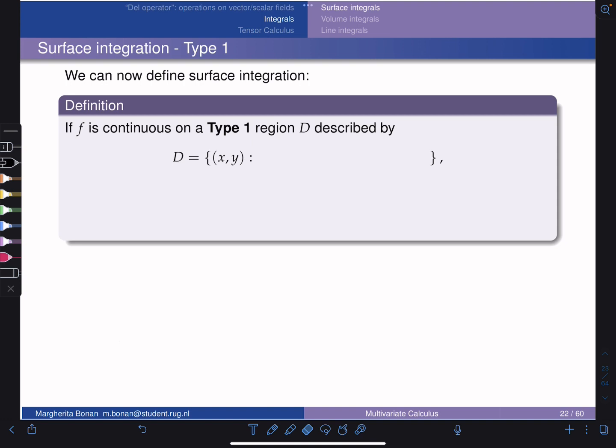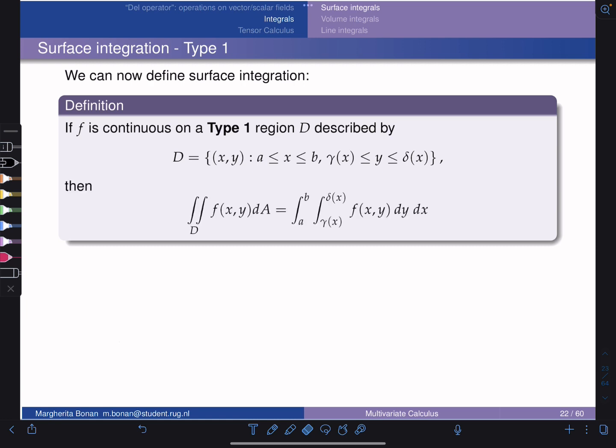We can now define surface integration. If f is continuous on a type 1 region D, described by D being all the points in the xy plane such that x is between a and b, two constants, and y is between gamma and delta, two functions, then the double integral of f is equal to the integral from a to b, then the integral from gamma to delta of f.